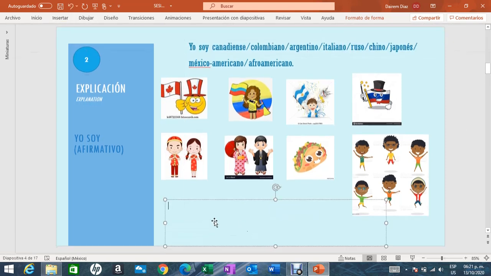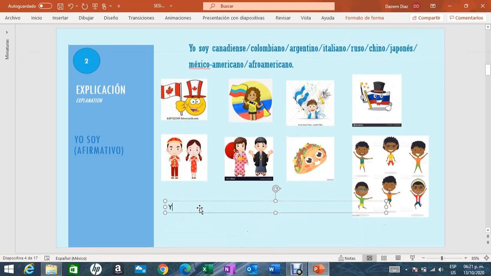So this is gonna be our board. Remember, yo soy canadiense. In Spanish, it's not necessary to put in uppercase the first word. Yo soy canadiense. What is the negative form? Do you remember? Yo no soy canadiense. We just insert no between the pronoun and the verb.